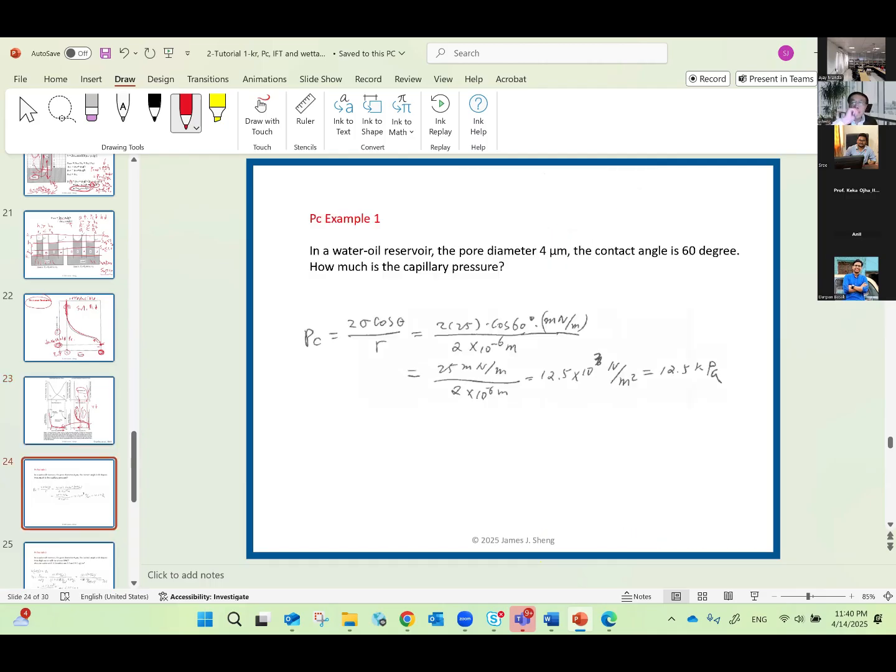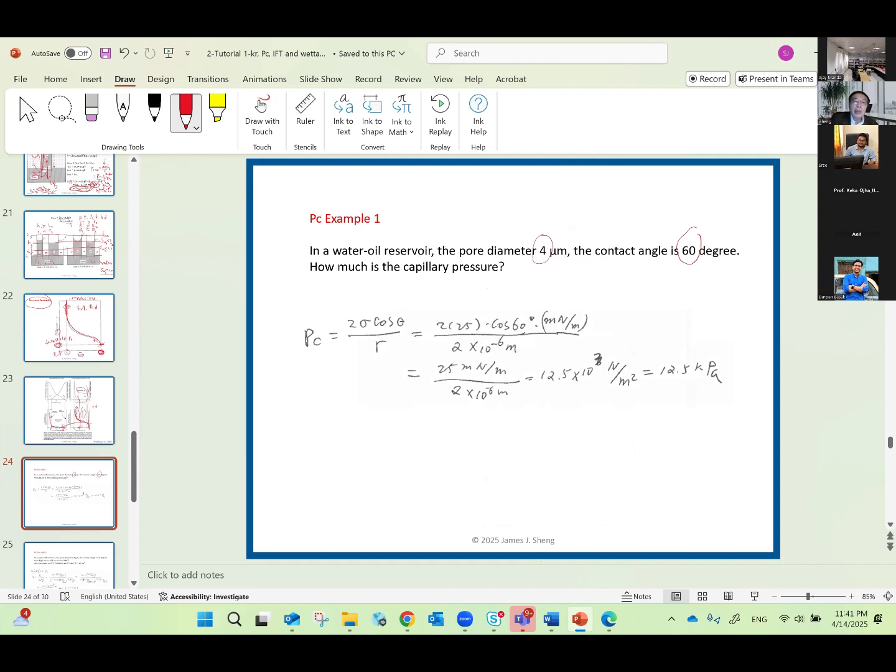Now, next, let me give you some examples. In example one, in a water and oil reservoir, the pore diameter is 4 micrometers and the contact angle is 60 degrees. How much is the capillary pressure?